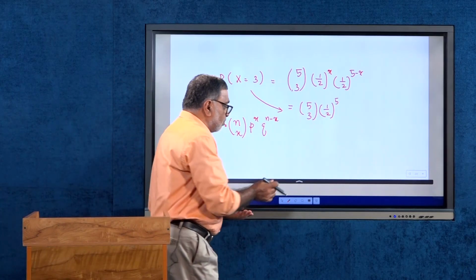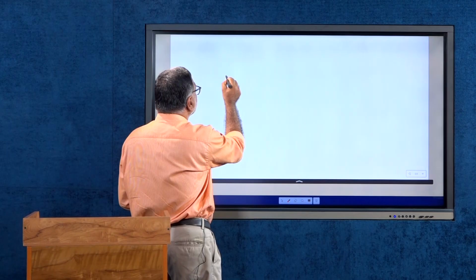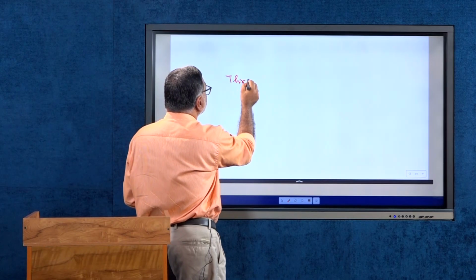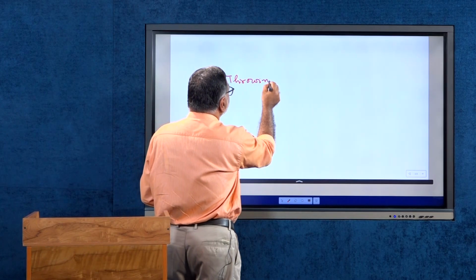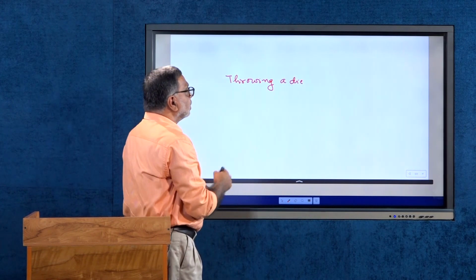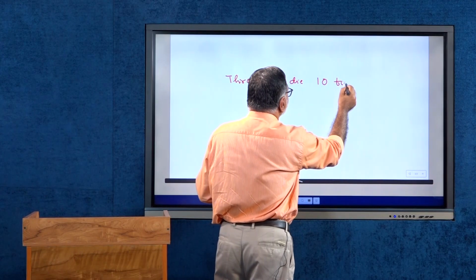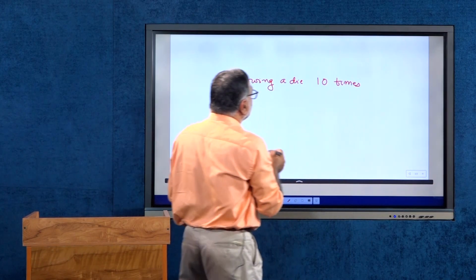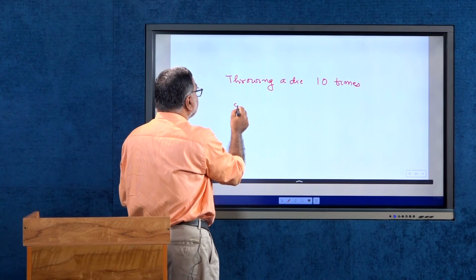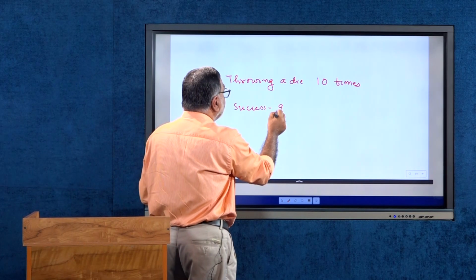Similarly, another example: suppose you are throwing a die 10 times, and let us define the success as getting face 1.